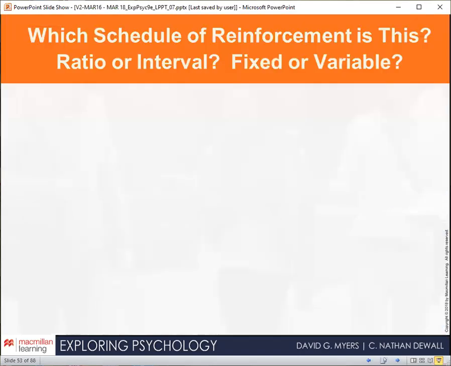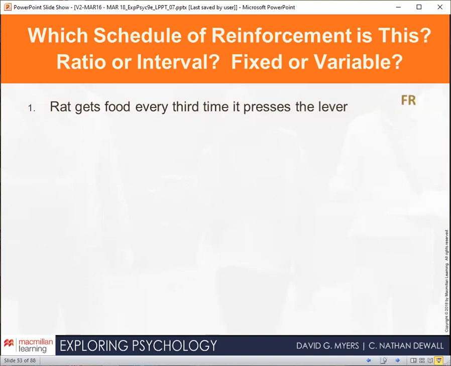Now, I'm going to go through these rather quickly, and you can look over them. If you have any questions, you can contact me if you want some clarification on them. But here are some examples. Rat gets food every third time it presses a lever. That would be a fixed ratio schedule based on the number of instances that they press the lever, and we have a fixed number there, the third time.